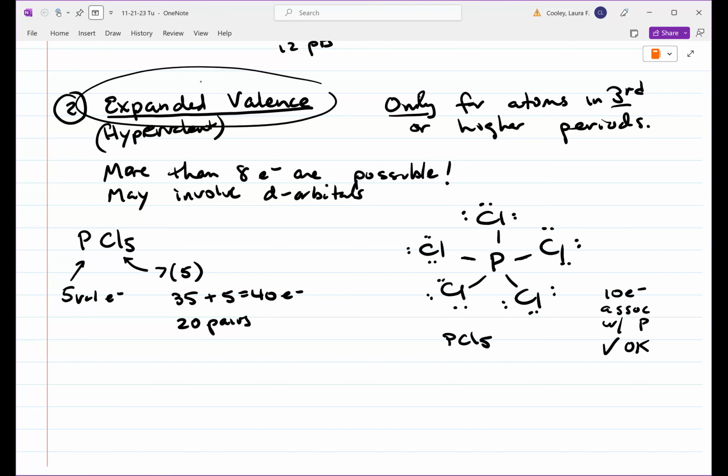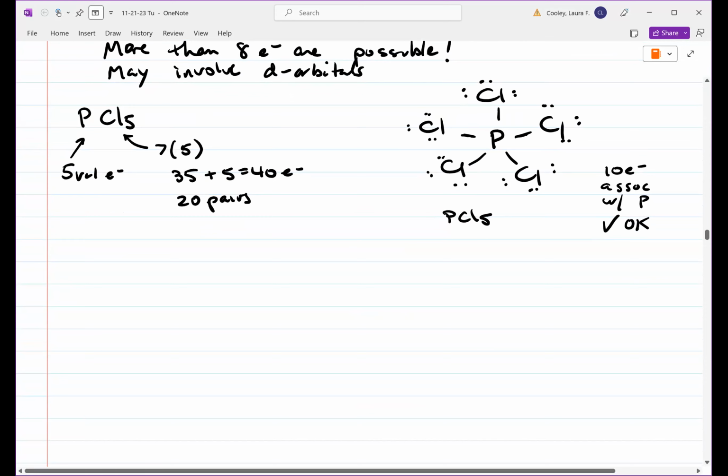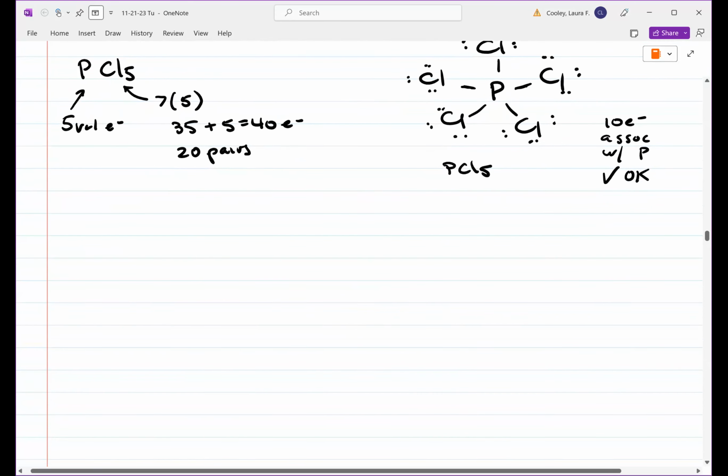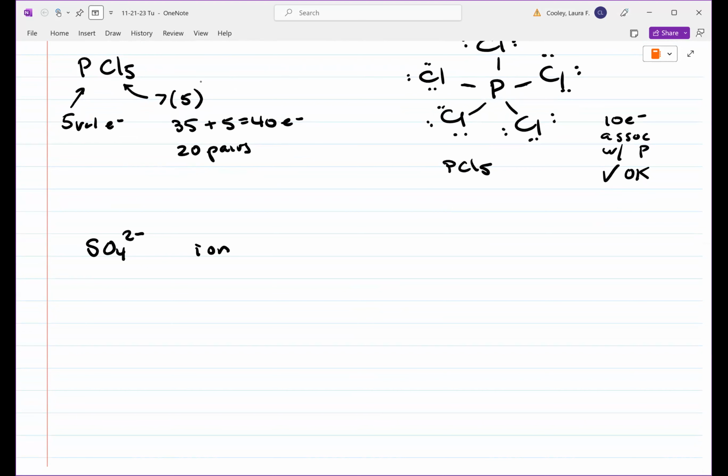Now, I do want to show you one example where to get the accepted structure, you need to use expanded valence. And that happens a lot when you have sulfur. Sulfur is an atom we use pretty often. So I'm going to show you this example with the sulfate ion. If you draw the Lewis structure the way you've been taught so far without expanded valence, you would find your number of valence electrons.